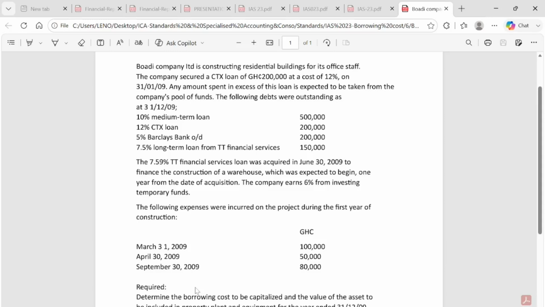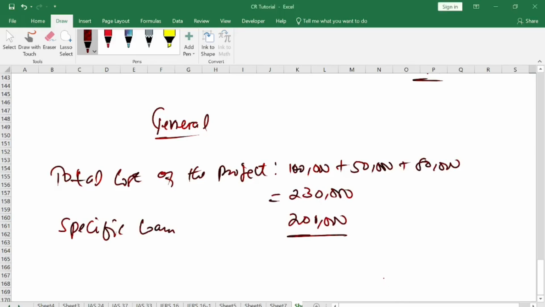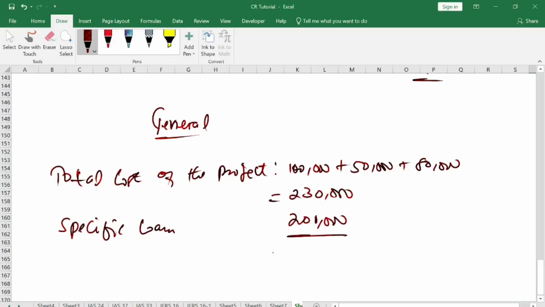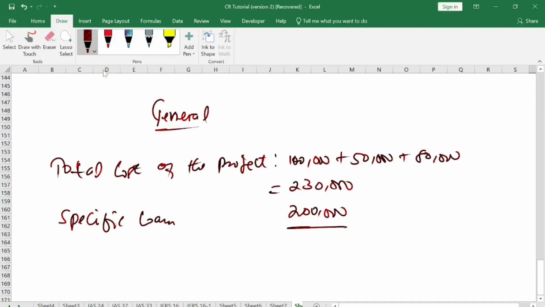So the pool of funds is the general borrowing cost. The total project is 230,000 and the specific loan is 200,000, so the loan cannot complete the project. For that reason, we have to pick the balance from the general pool.